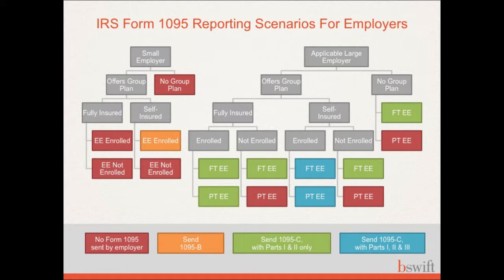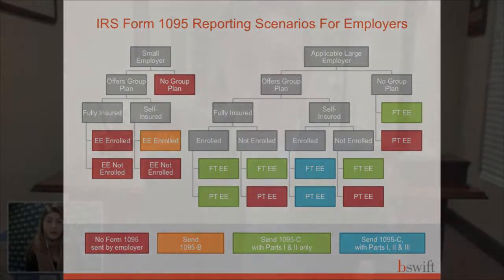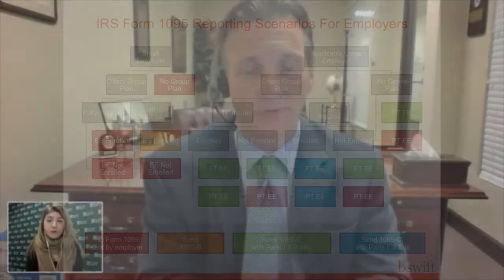So not to dive too far into the weeds for today's call, but the bottom line is there are different forms that the employer may need to prepare and issue to different classes of people, even if they have a unified plan. Hopefully that gives the listeners some view into the fact that it is a little bit complicated, but this is understandable stuff. Wonderful, and I'm sure they will appreciate the flowchart.